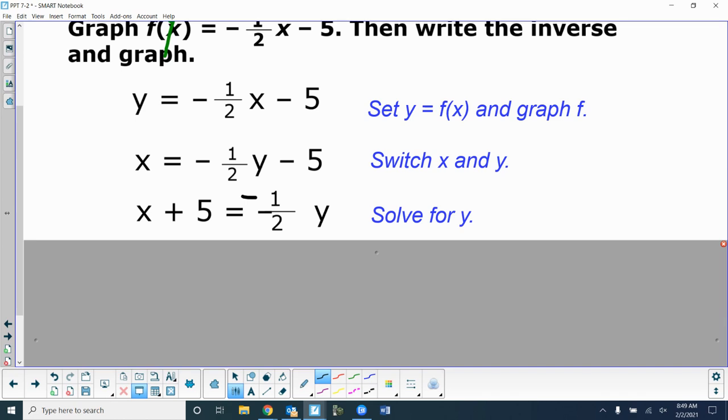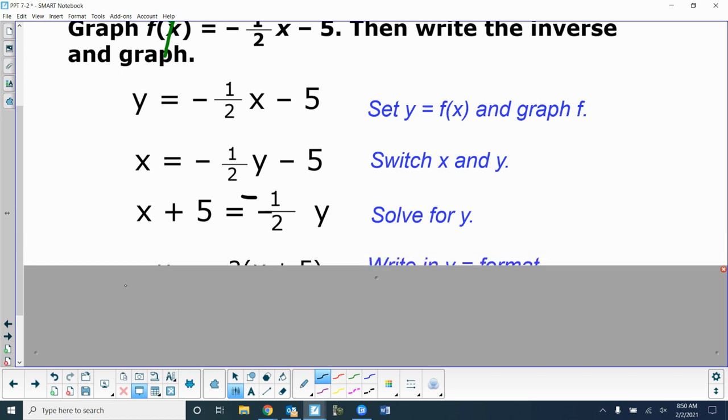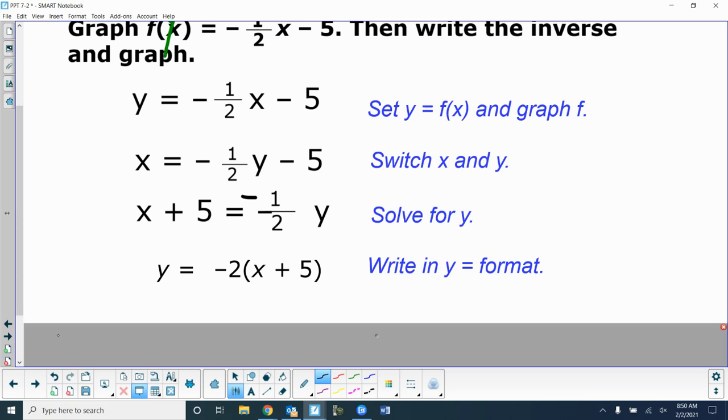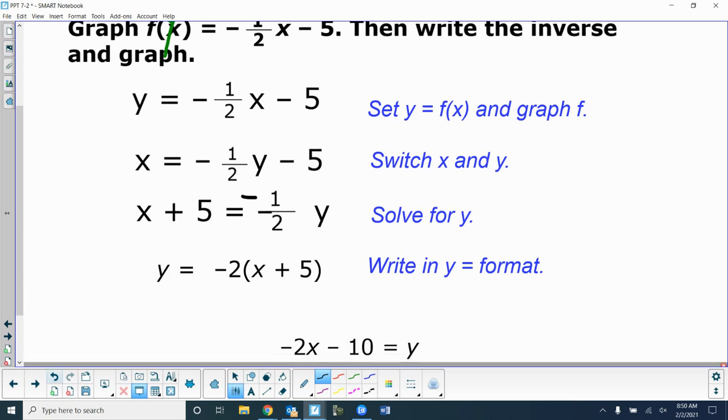Okay, now how do I get rid of the negative 1/2? Divide by negative 1/2, but we don't like dividing by fractions. We like multiplying by the reciprocal. So we're going to multiply both sides by negative 2. Okay? You follow me? And then we could distribute: negative 2x minus 10.